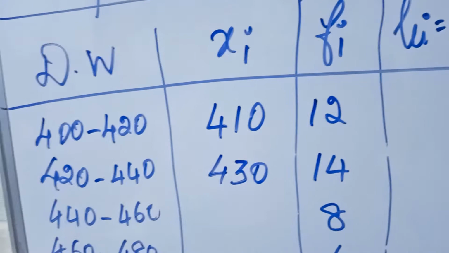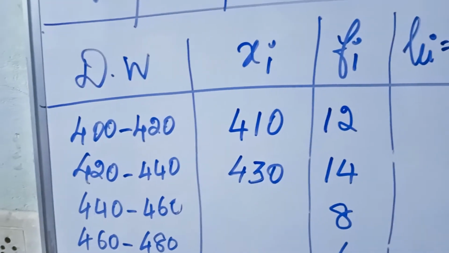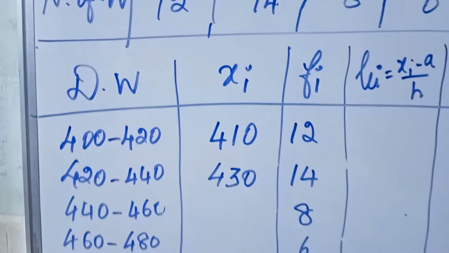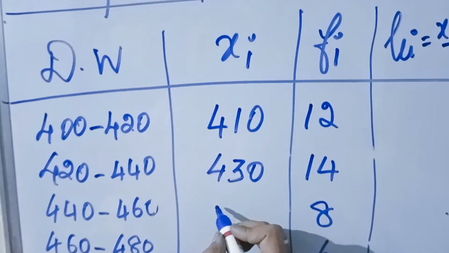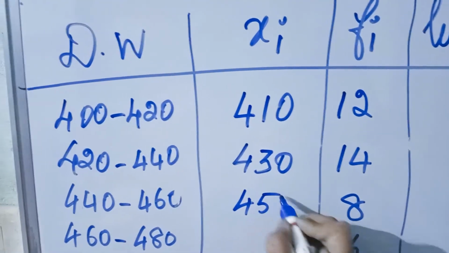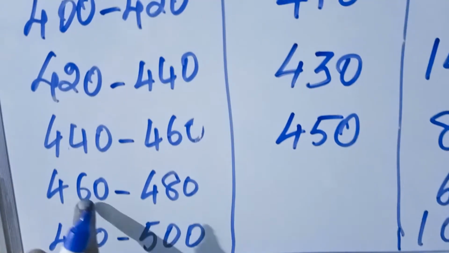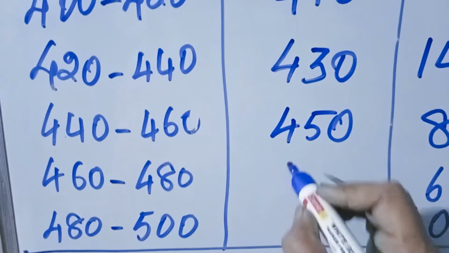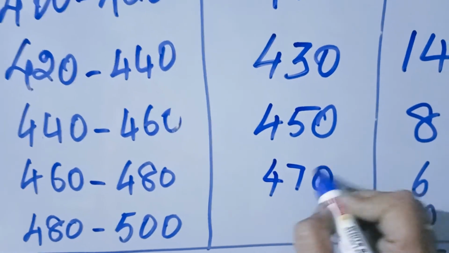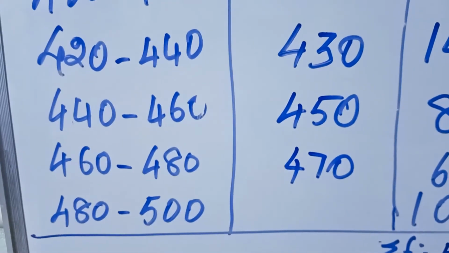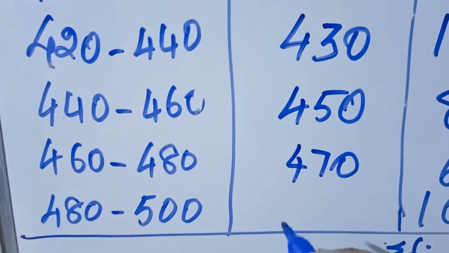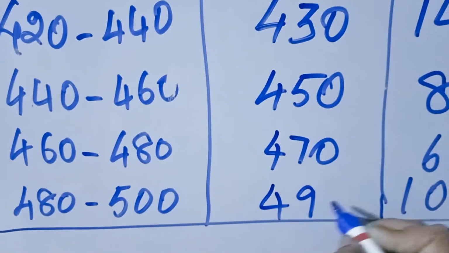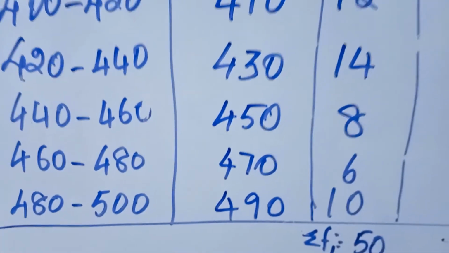Then 440 plus 460 is 900, divided by 2 is 450. Then 460 plus 480 is 940, divided by 2 is 470. And 480 plus 500 is 980, divided by 2 equals 490. This is our xi value.